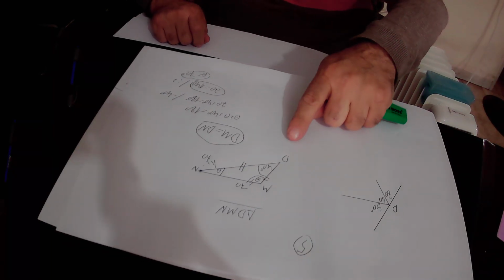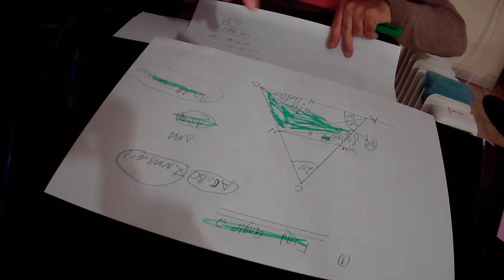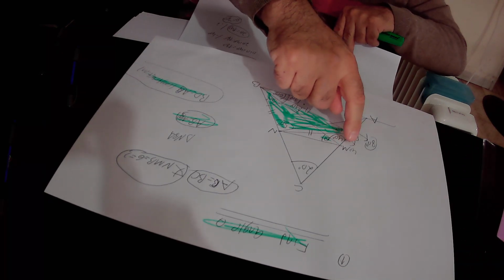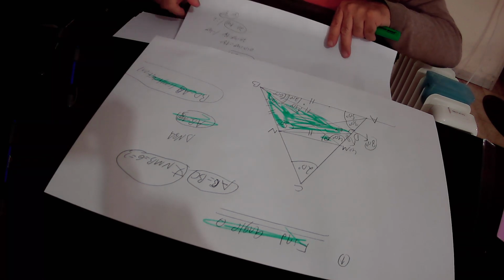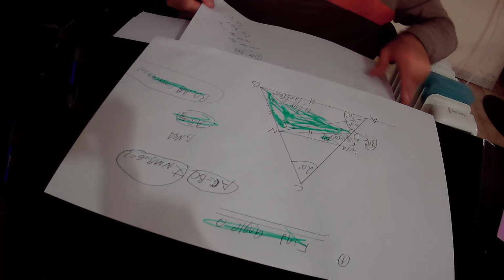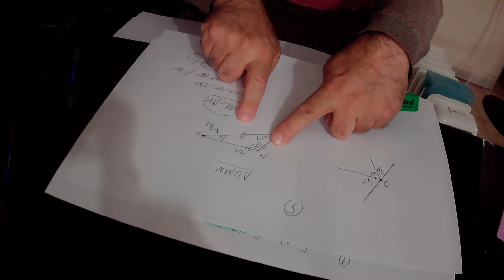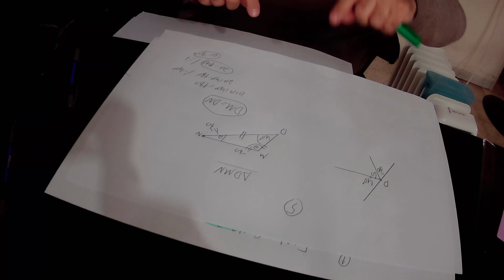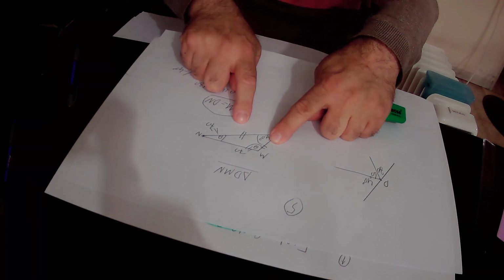We just found out that this angle DMB equals 40 degrees, and we already found out that DM equals DN. Again, we have the rule that in front of equal sides in a triangle, there are equal angles.